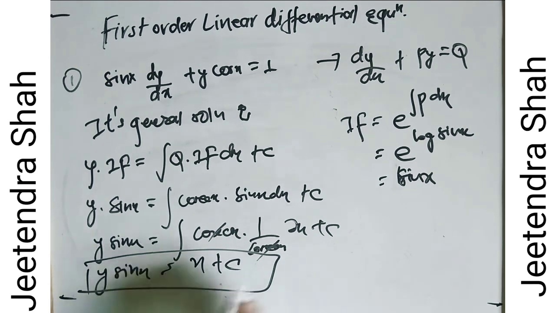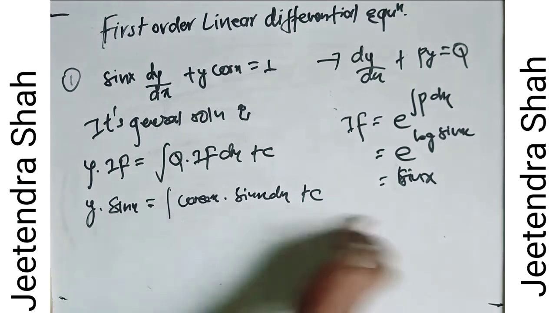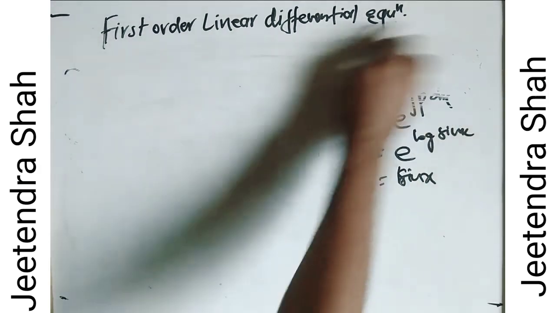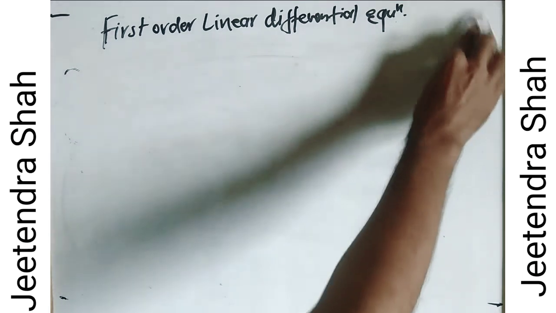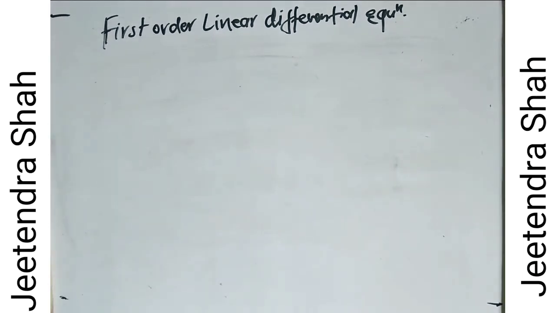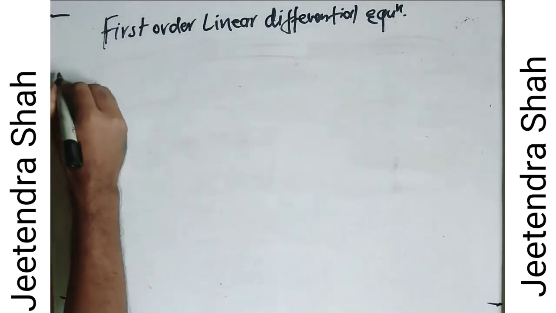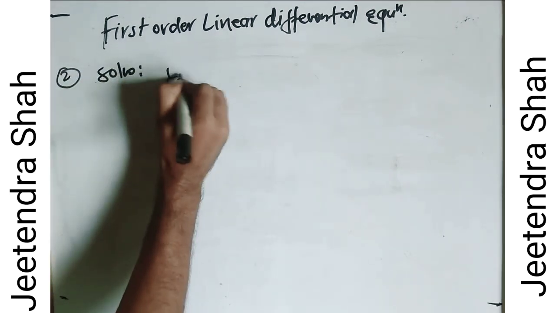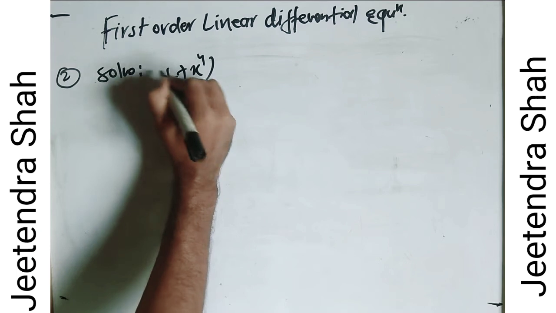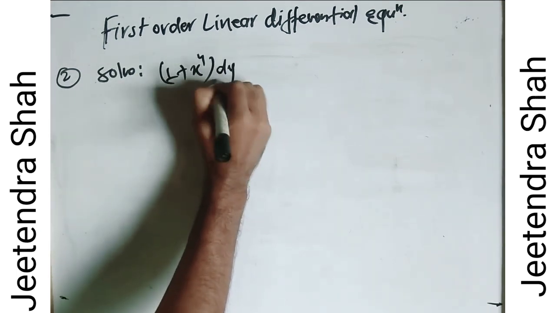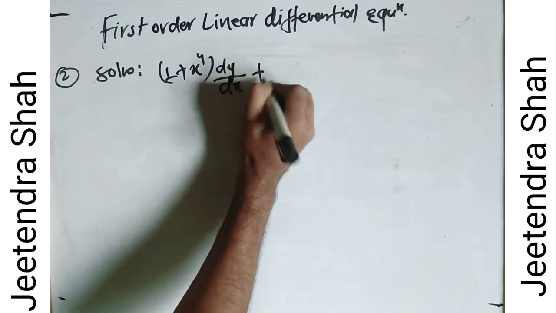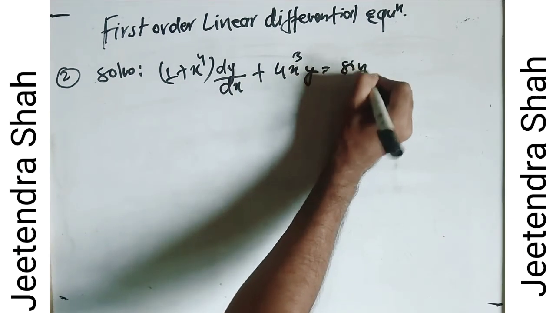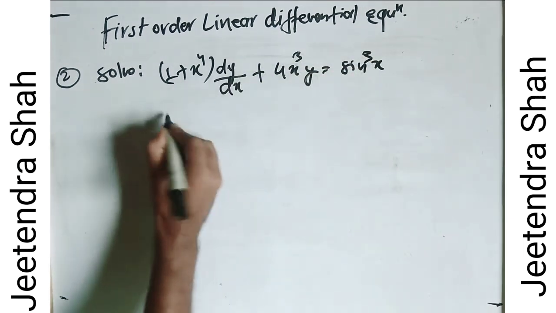Now we will solve some more numericals related to this. Now we have the next one. Solve (1 + x^4) dy/dx + 4x^3 y = sin^3 x.